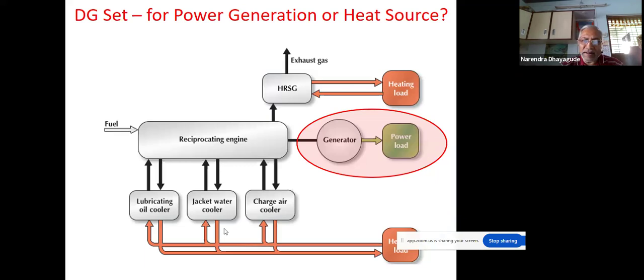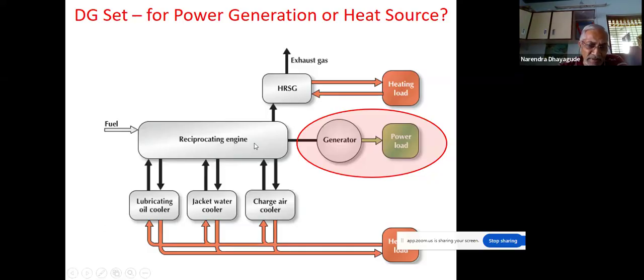Now our interest is to use the waste heat. So far as energy conservation or energy balance is considered, our eye should be focused on where the excess heat, excess energy is going. Now the total cycle is, this is a reciprocating engine.